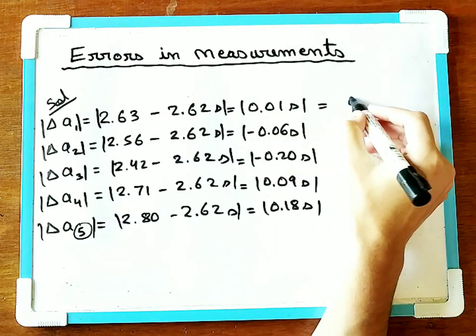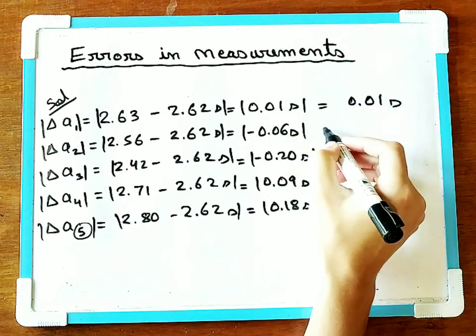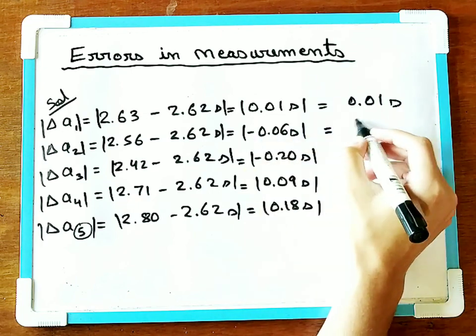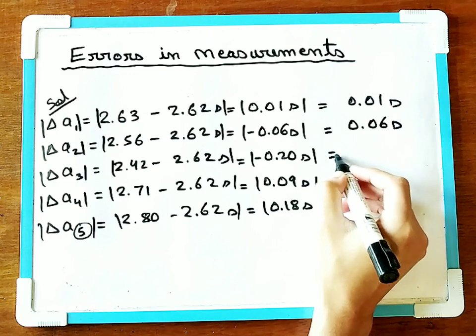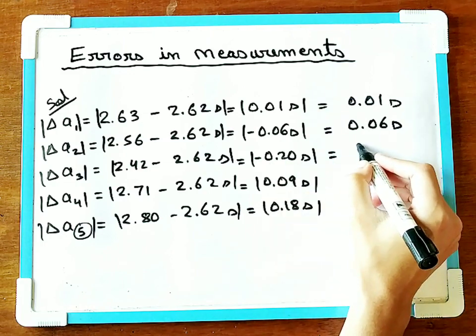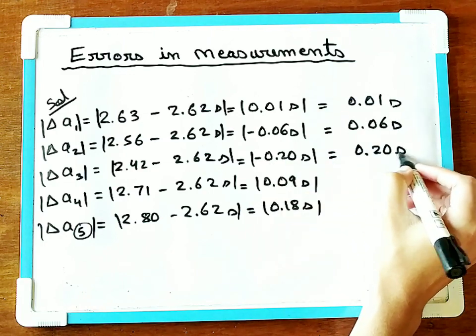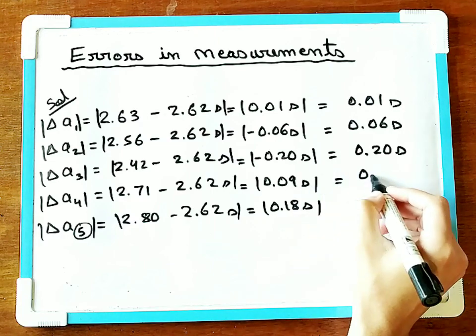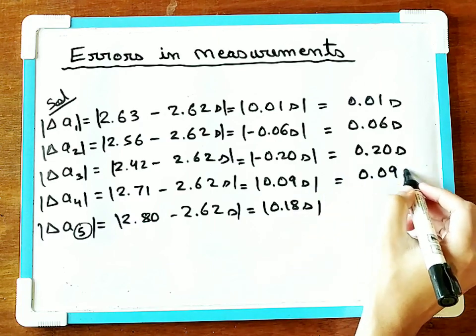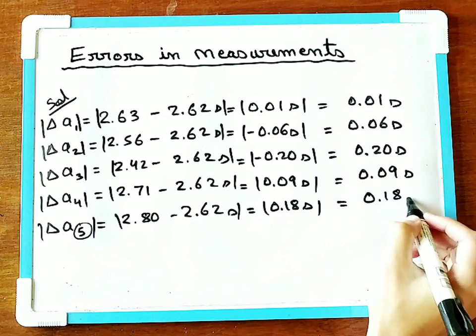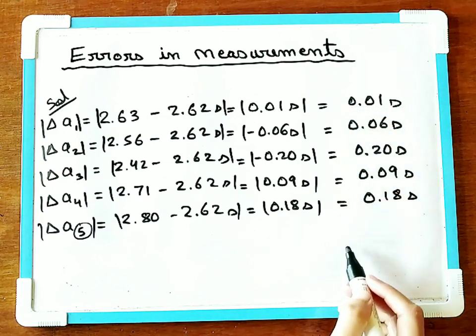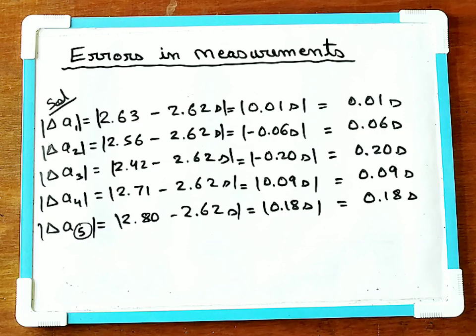Modulus of this will be 0.01 second. Here modulus of minus, we'll write only 0.06 second. Then modulus of this, you'll get 0.20 second, and modulus of this 0.09 second, and modulus of this 0.18 second. So we have all positive values, which are the absolute errors in the measurements.